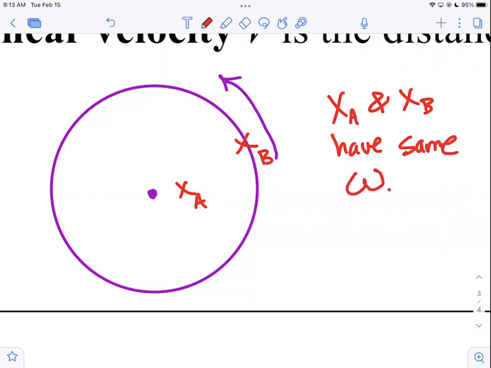They're on the same platter. Think of it like a record that spins, right? Every point on that record is going to make one rotation in the same amount of time, right? So they all make one rotation for the same amount of time.